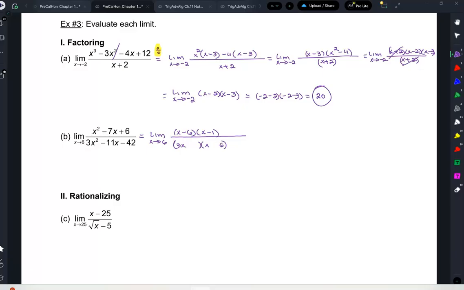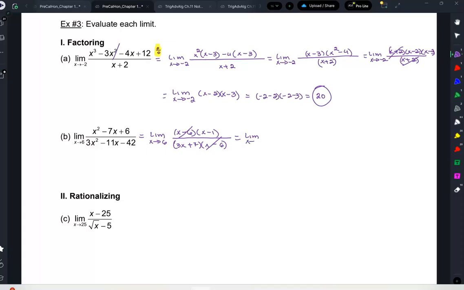Does that work? No. That's not 7 and 6. Oh, yeah, it is. Okay. Right? Yes, because we haven't done anything yet. But now the x minus 6's cancel.